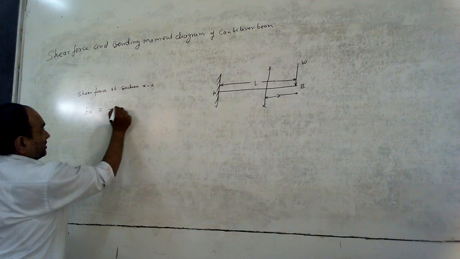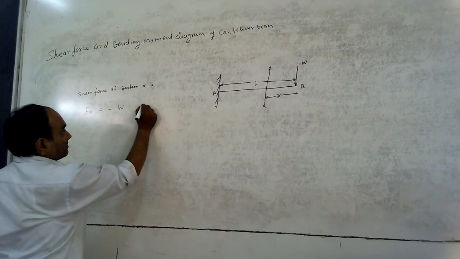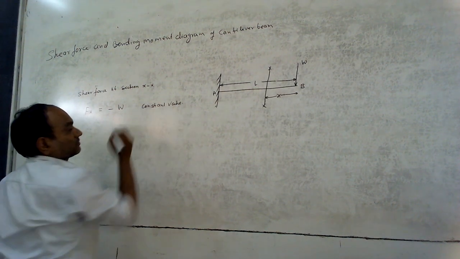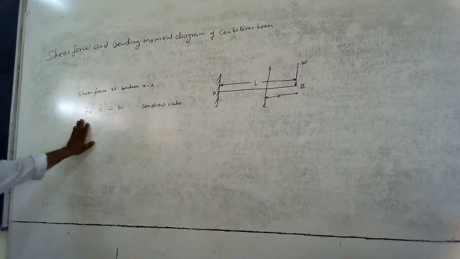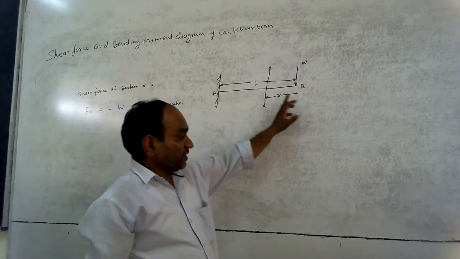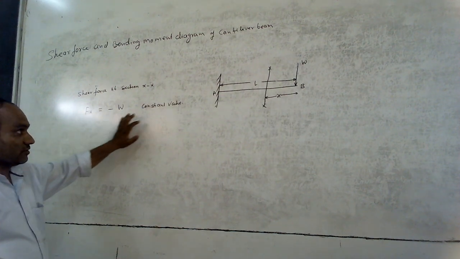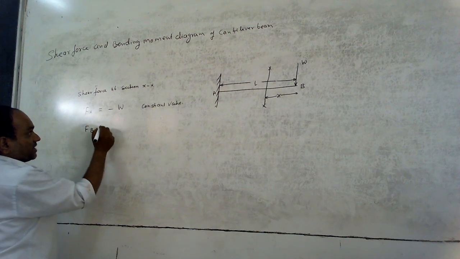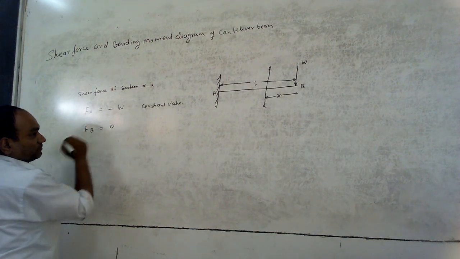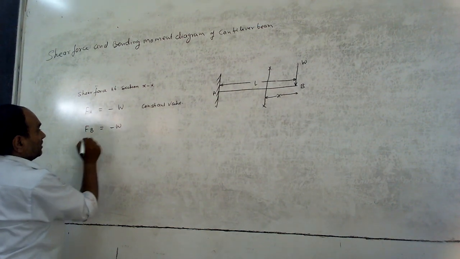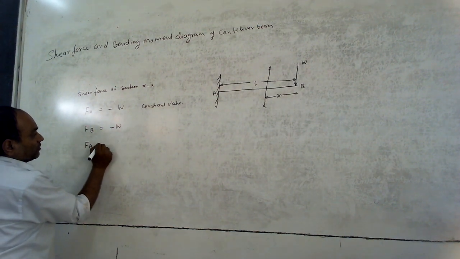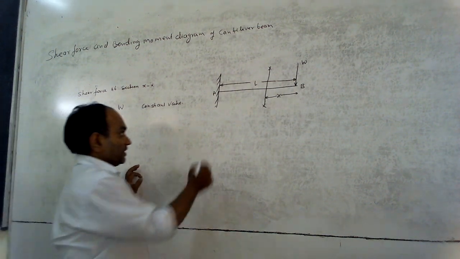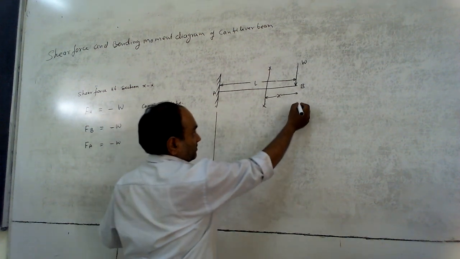It means minus W. This is a constant value. It means throughout the beam A to B, this value will be constant. Hence, FB at point B, that is x equal to 0, FB equal to minus W, and FA equal to minus W. With FB and FA, we can draw the shear force diagram of this beam.